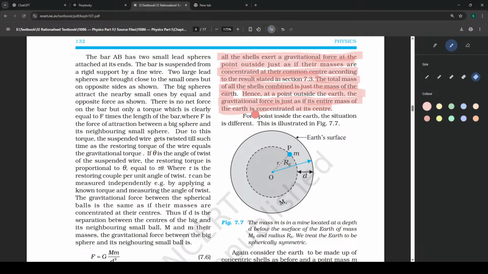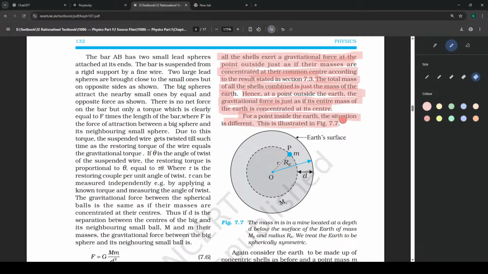For a point inside the earth, if it was a hollow shell, then at any point inside the shell the force should be zero. But earth is not a hollow shell. Because of that, there will still be gravitational force at a point inside the earth.